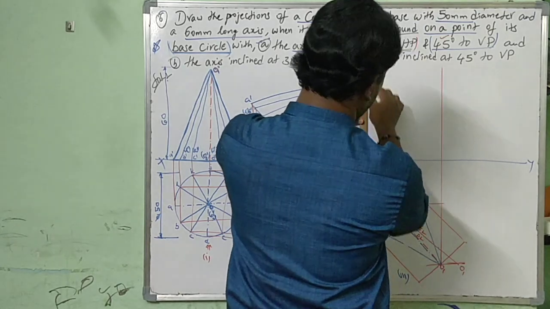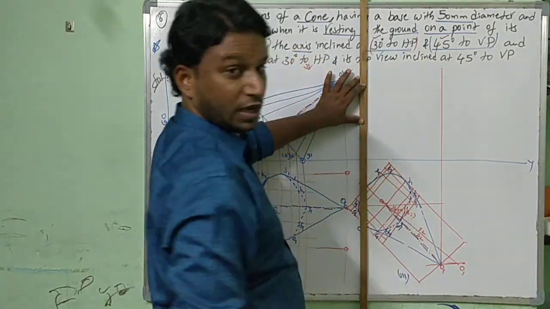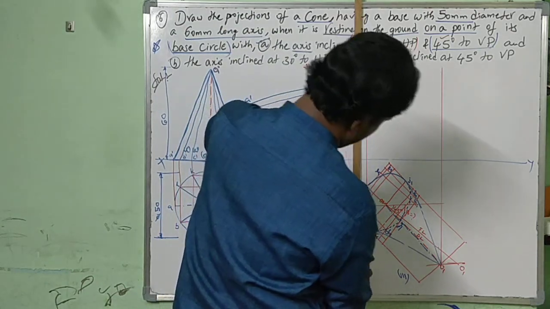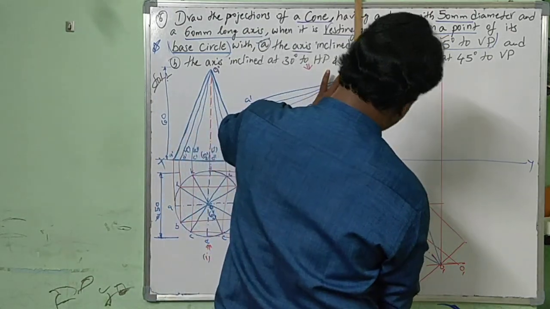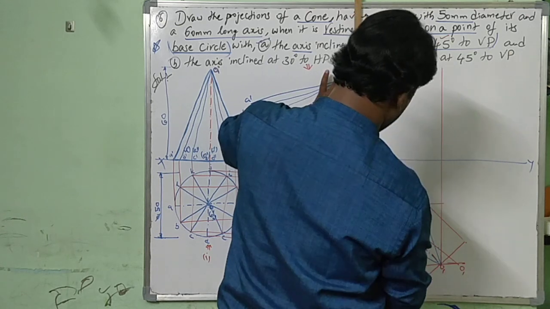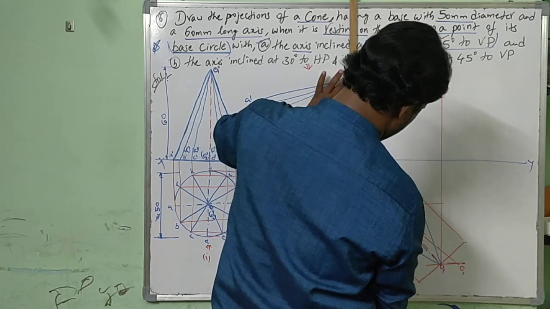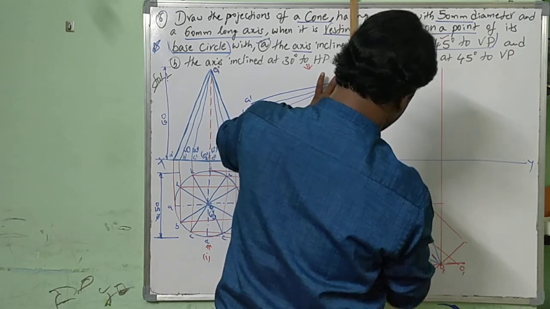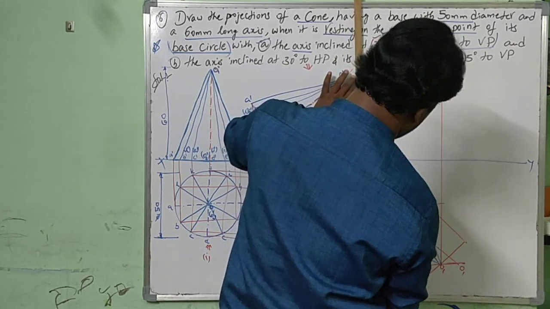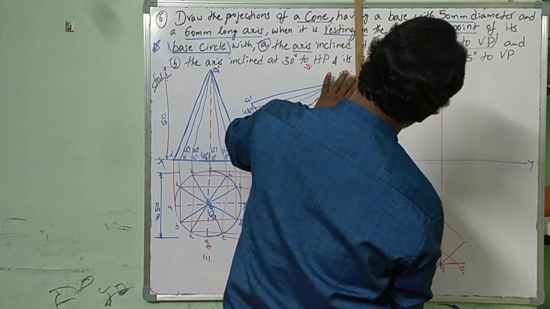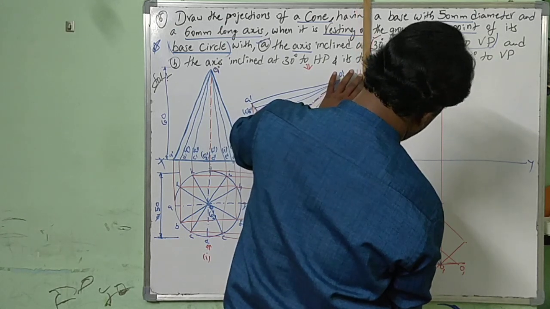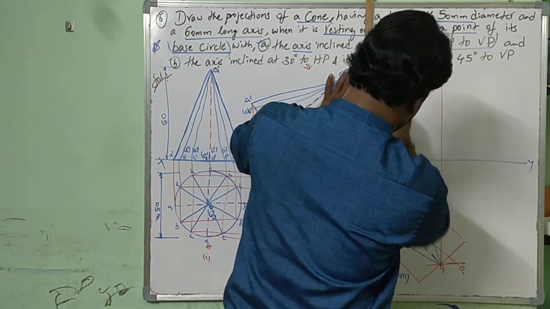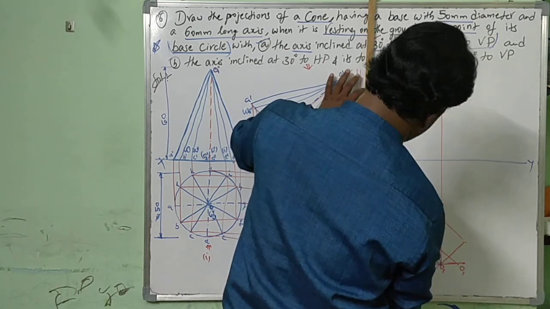From A1 I am starting. From A1, B1, C1, D1.